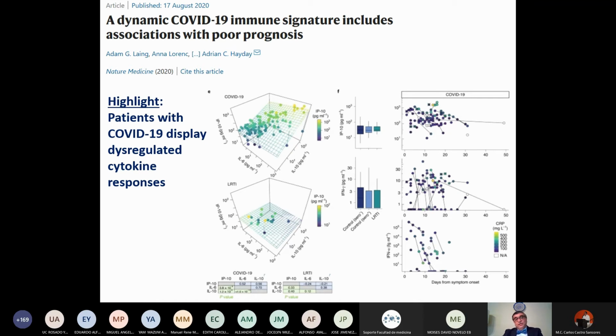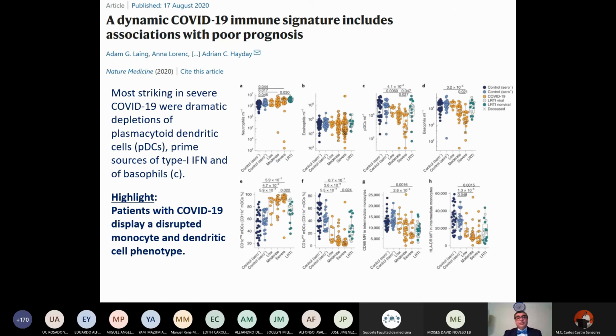This is excellent comparative data, telling us the respiratory syndrome in COVID is much more complex than other bacterial or viral respiratory infections.